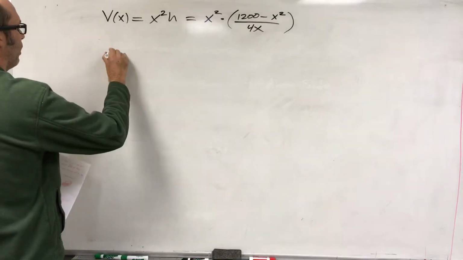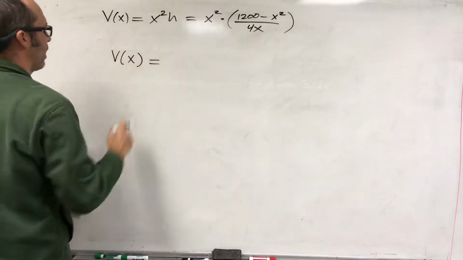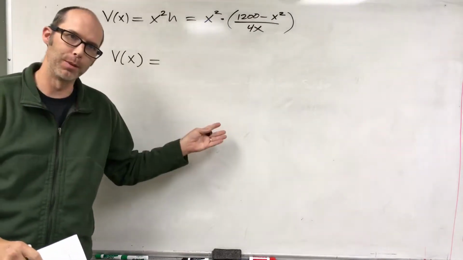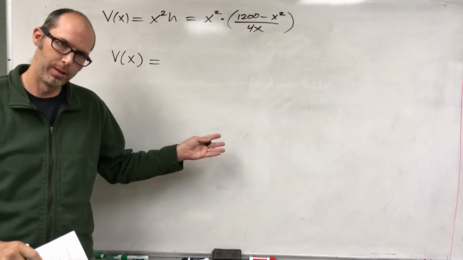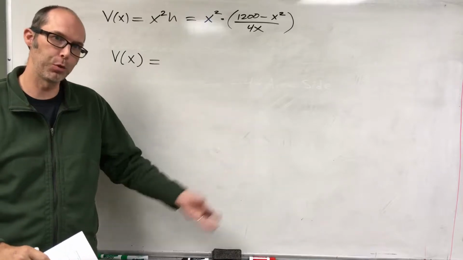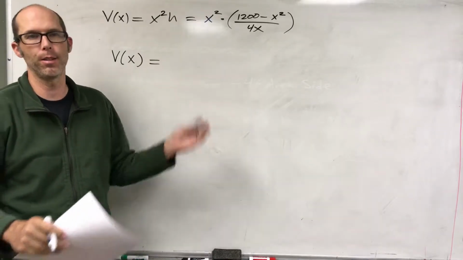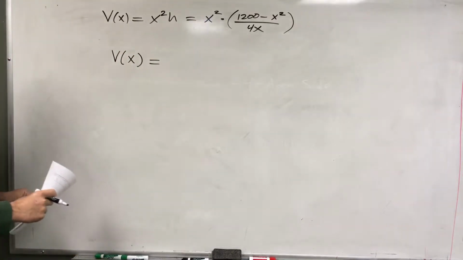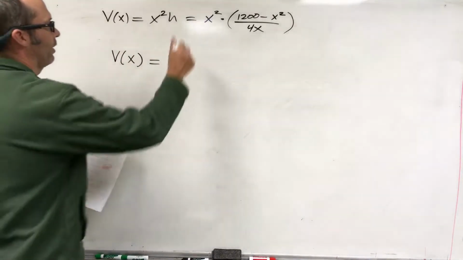Now we have a formula for the volume, and we're going to try to find maximums and minimums and determine which is the maximum. That's the x that gives you a maximum volume. So v of x is this thing.